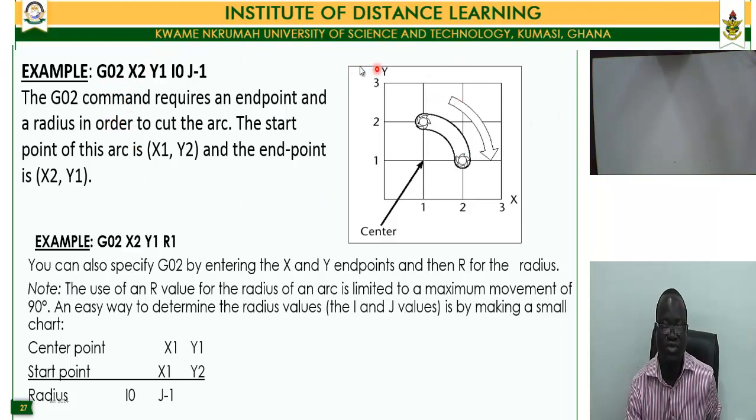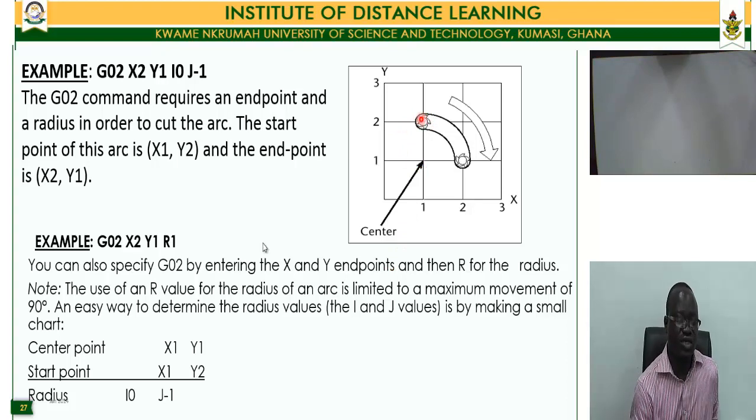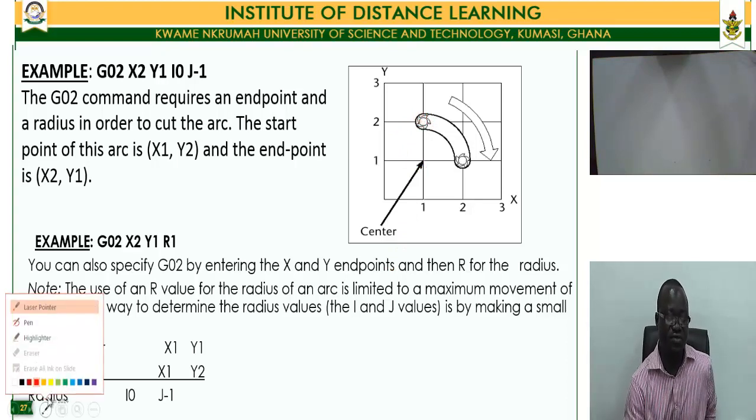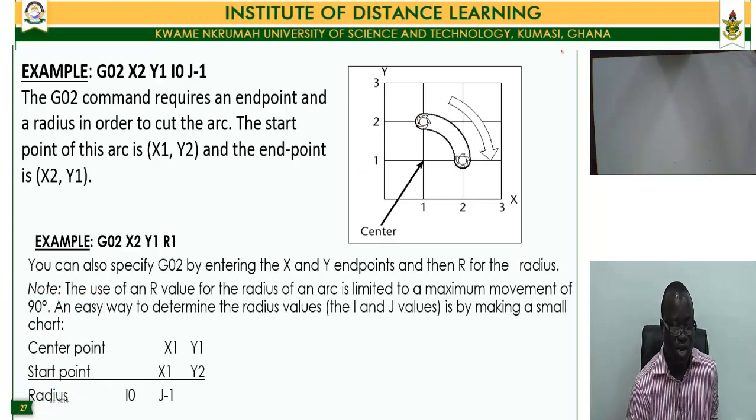Now what we need to do is define the center of this arc to generate the slot that we have here. For that, we need the coordinate of the center point.